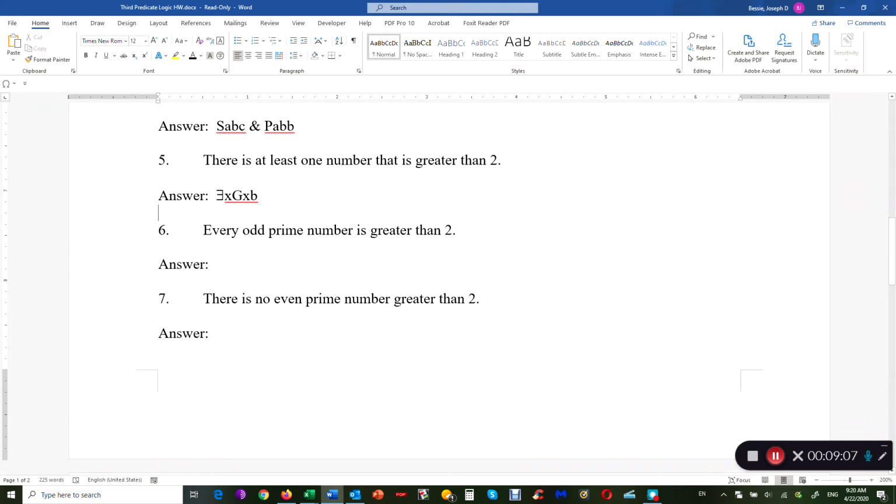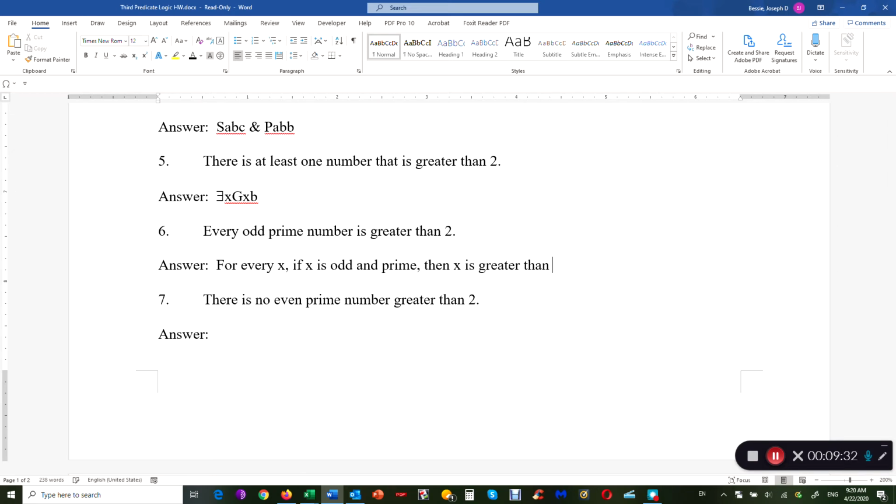So every odd prime number is greater than 2. So every odd prime number, when it says every, you're talking about the universal quantifier. So you're saying for every x, if x is odd and prime, then x is greater than 2, right?